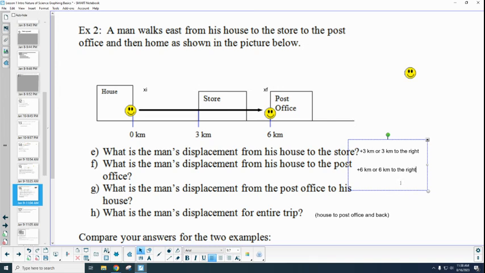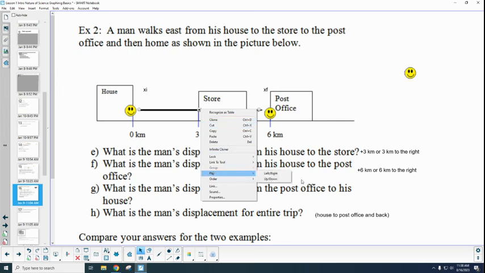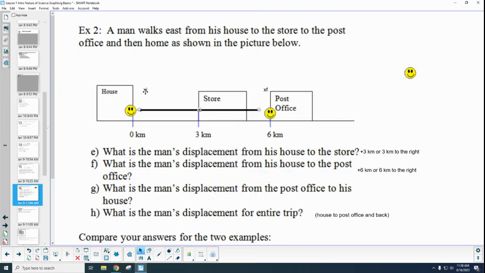It says, what's the man's displacement from the post office to his house? So basically, we are flipping this arrow over. We're going the opposite way. We're going to switch these two things. So the final position is now the house, and the initial position, xi, is the post office. So we're starting at 6 and we're finishing at 0.